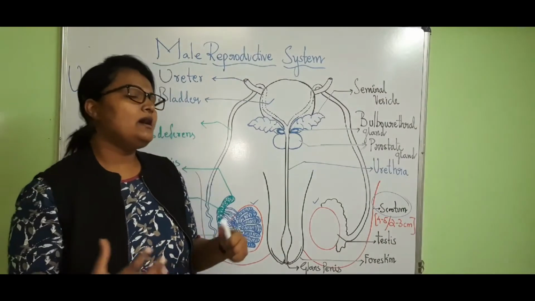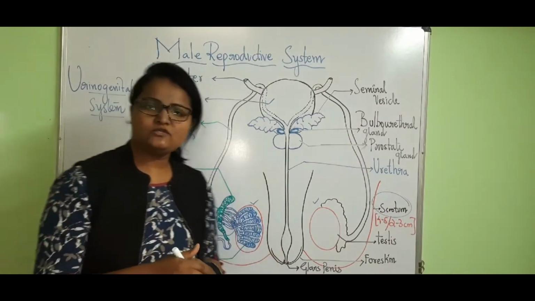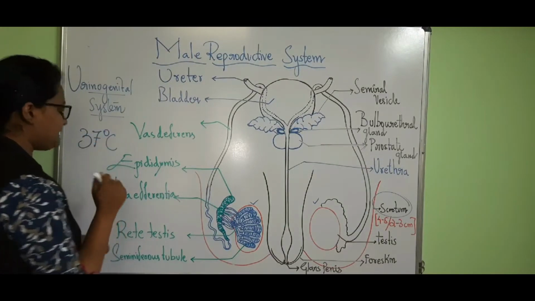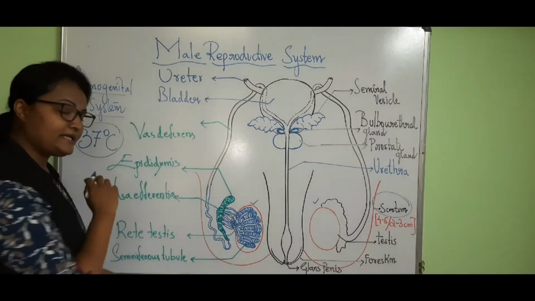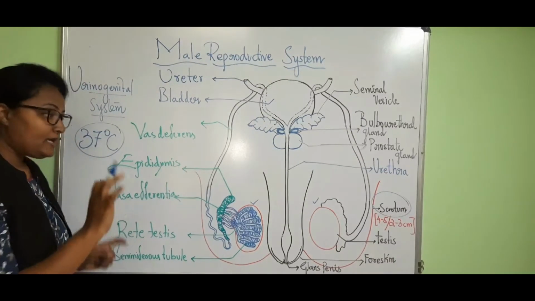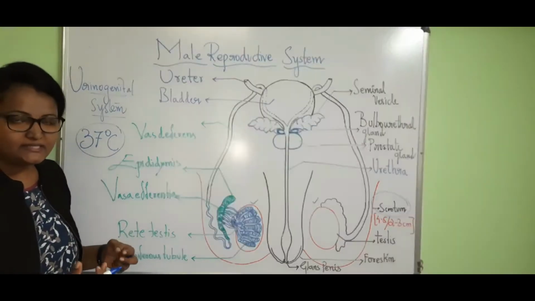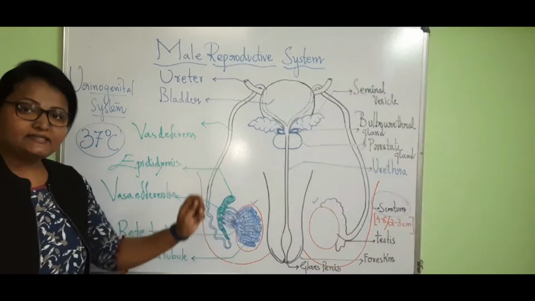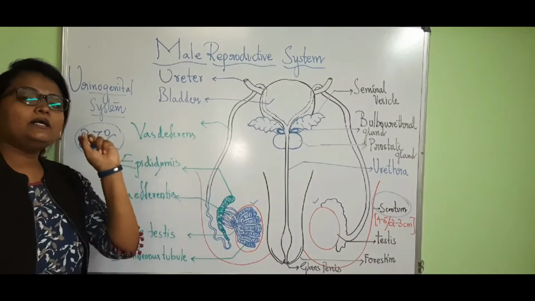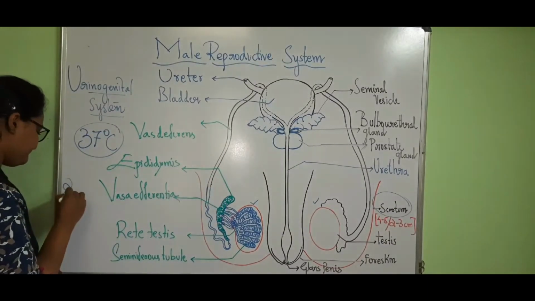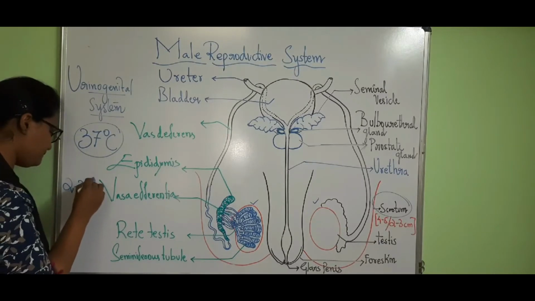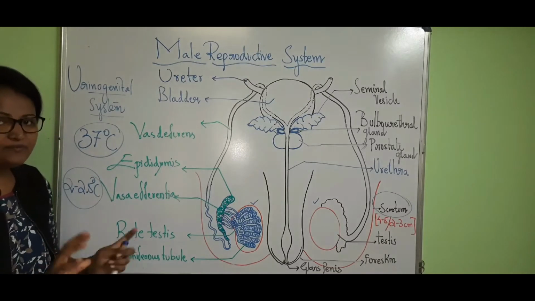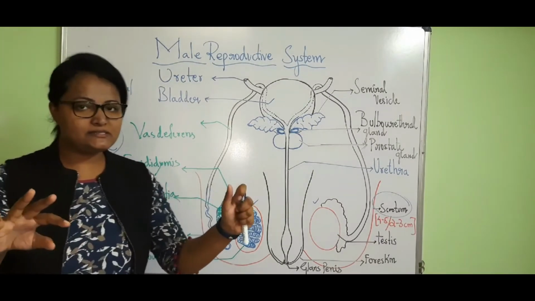Why? Because our normal body temperature is 37 degrees Celsius, but the spermatogenesis process, that is, the sperm production which is always taking place within the testes, needs a temperature lower than that, around 2 to 2.5 degrees Celsius below.